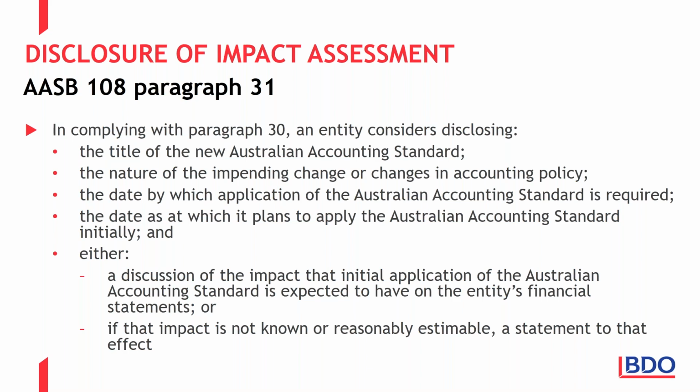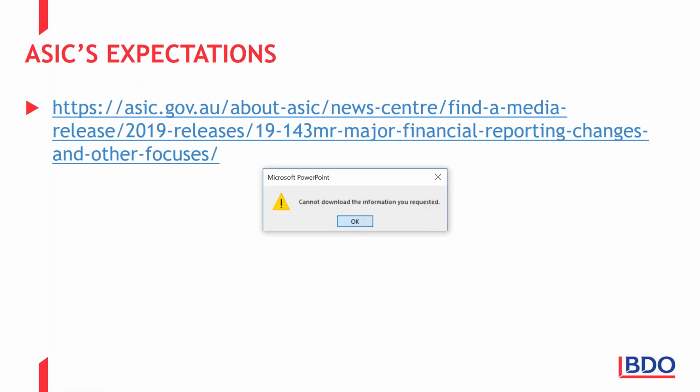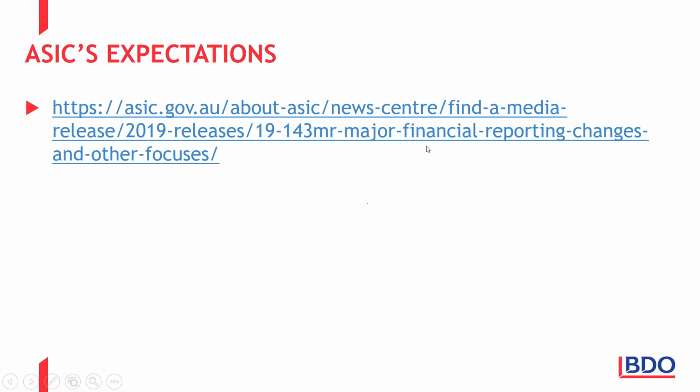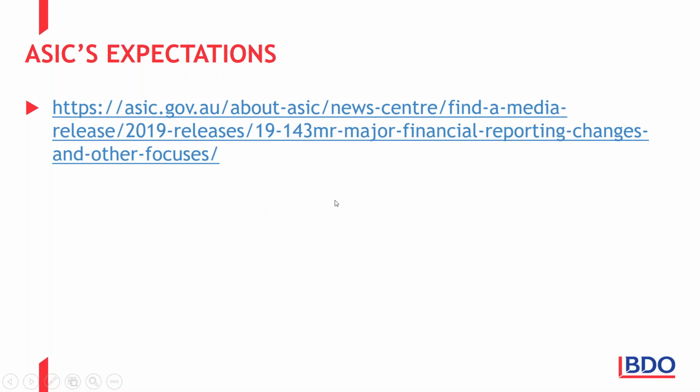Now, these are general requirements around new accounting standards. What I've included in here as well is our regulators' expectations. Now, ASIC, on Monday this week, it doesn't want to open up, but ASIC has issued their media release, their focus areas for 30 June 2019 financial statements.